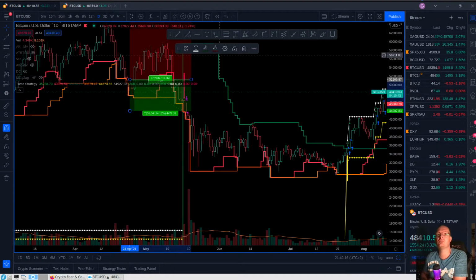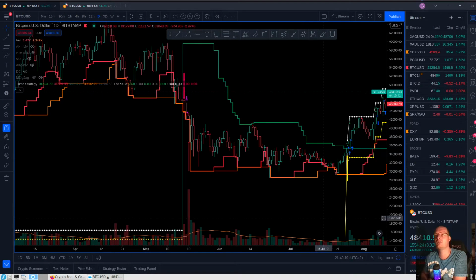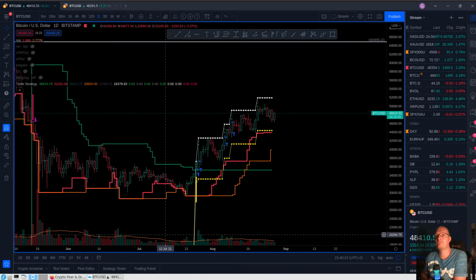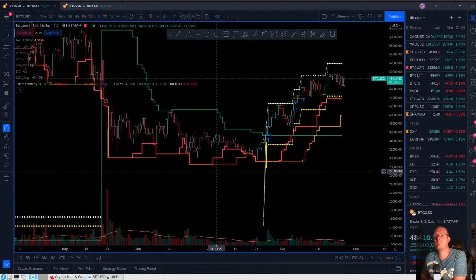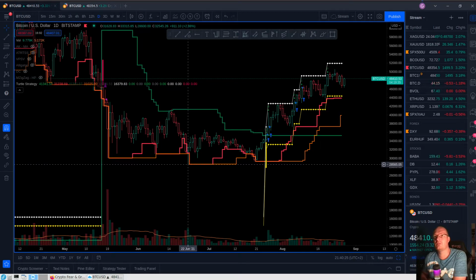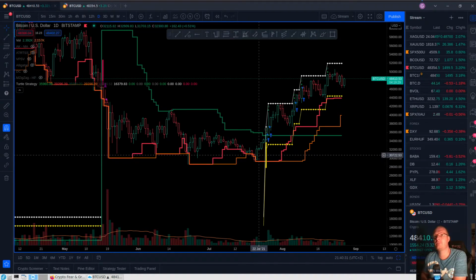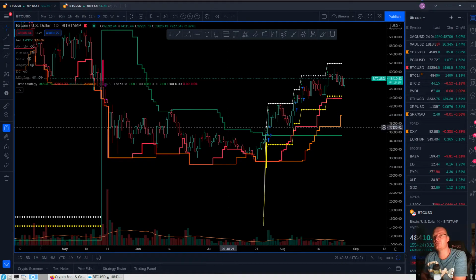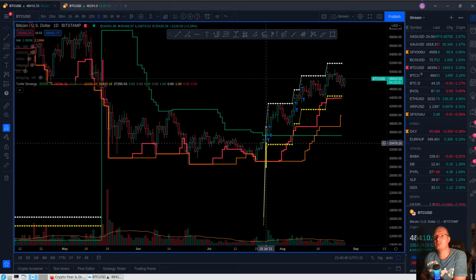Let's remove this one. Then we bottomed out here on the 22nd of June, and we can see this trigger line, let's say, coming down. And on the 25th of July we closed above and we enter a position.